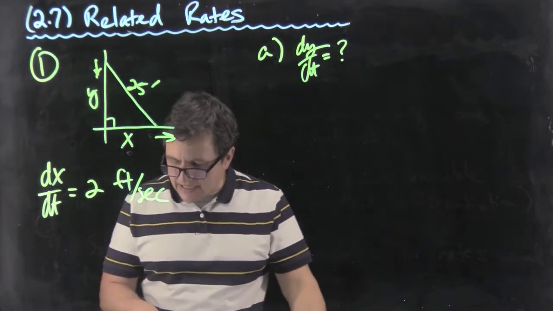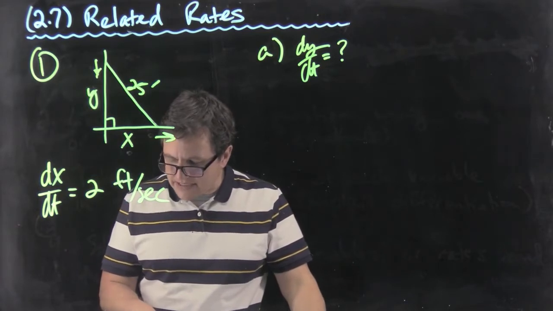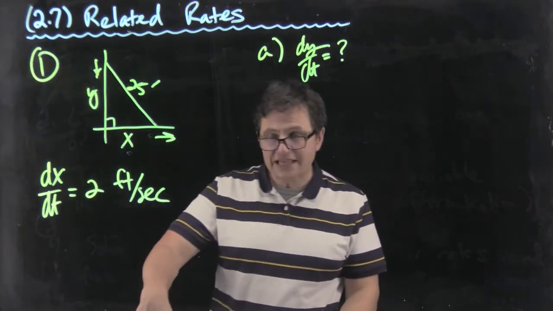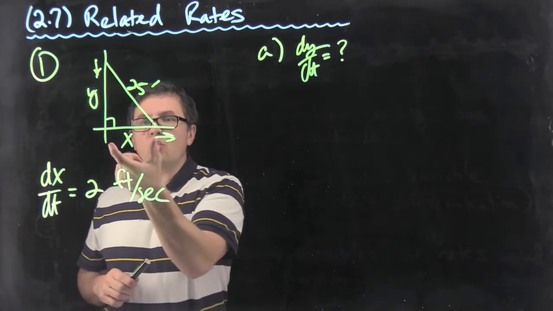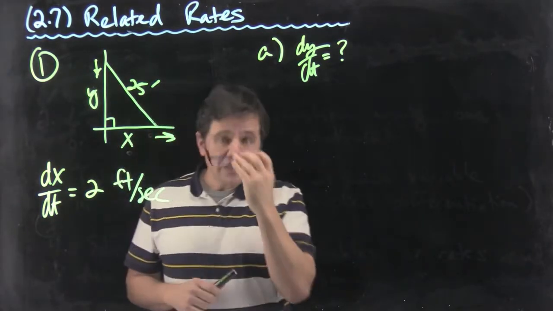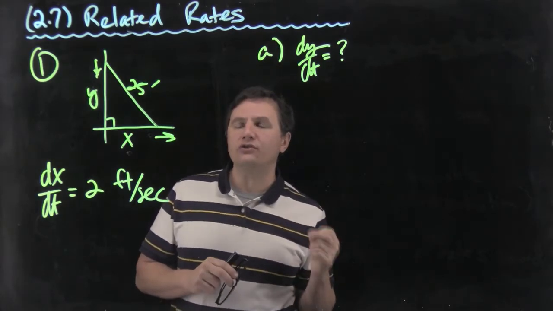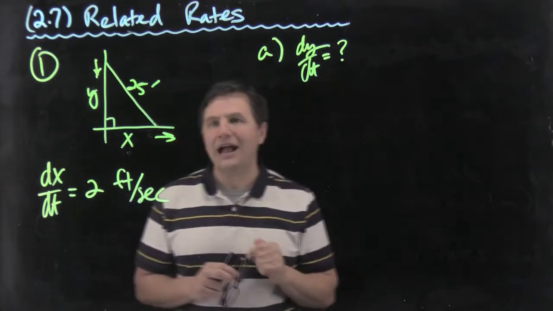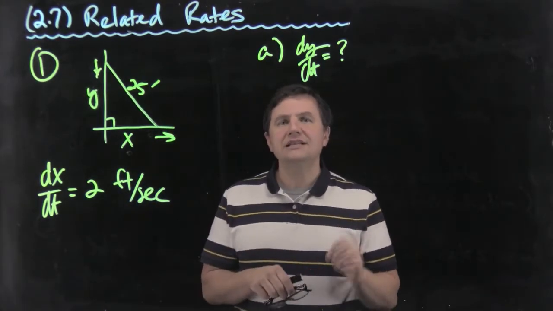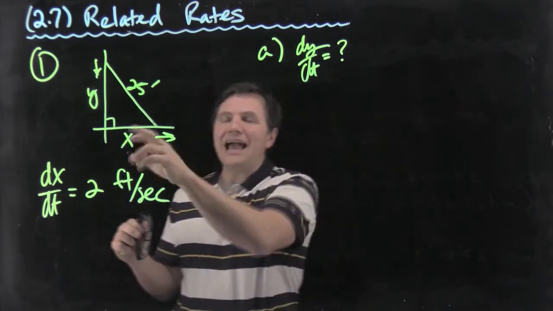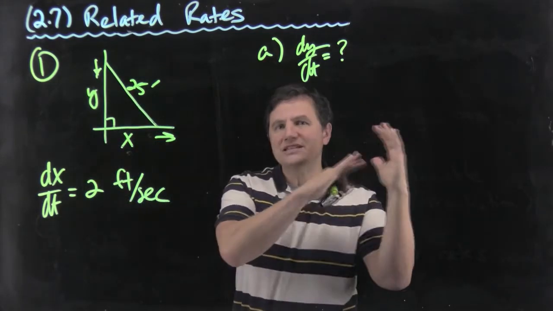Now the next thing is, you'll notice this phrasing: when the base of the ladder is 7 feet from the wall. So that's when x is 7. Here's the thing, the most common mistake people make is right away they'll plug that 7 in for x. We do not want to do this. This is what I call a snapshot. x is moving in the scenario, it's a variable.